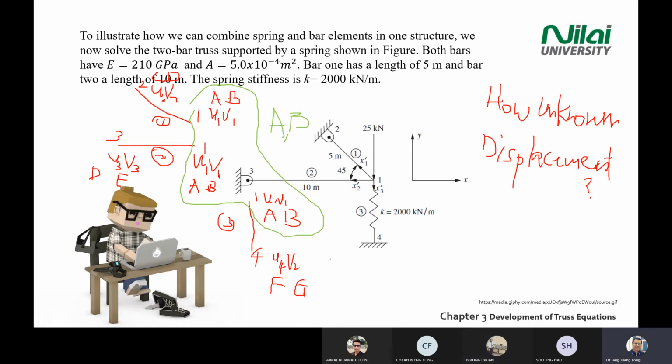How many alphabets do you count here? So wait, how many different? I'm a little bit getting confused. Like point AB, you count as that one, right? Like U1, V1. U1 is considered one displacement. V1 is considered another displacement.